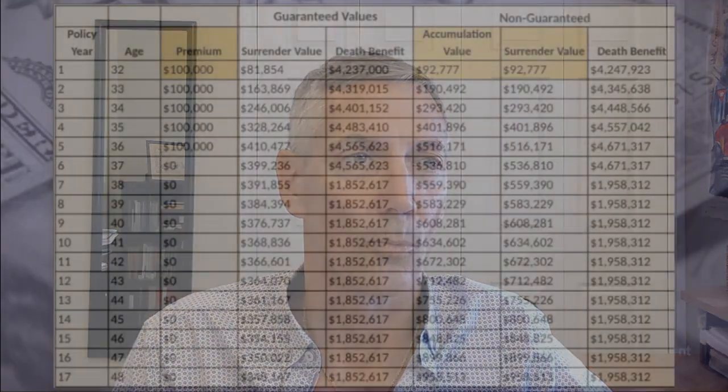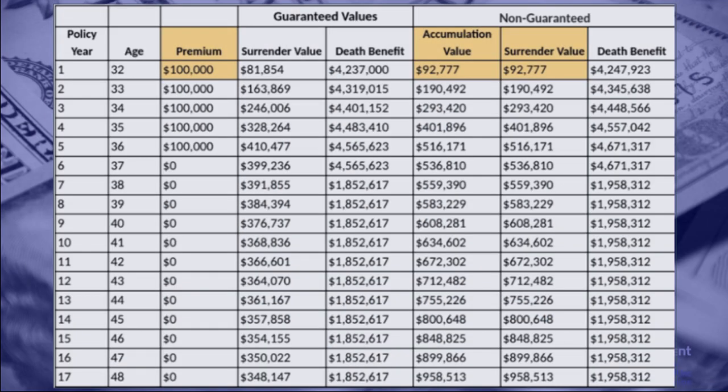So let's take a look at an example of what I'm talking about. If you take a look at the screen right now, what I have on screen is an extract from an actual illustration. This is a potential insured who is 32 years old. The policy owner is putting in $100,000 of premium for 5 years.